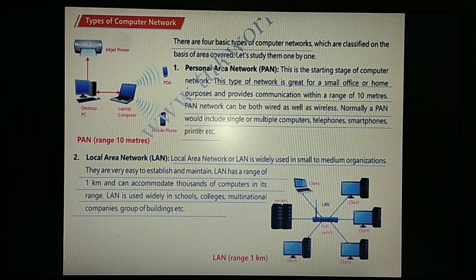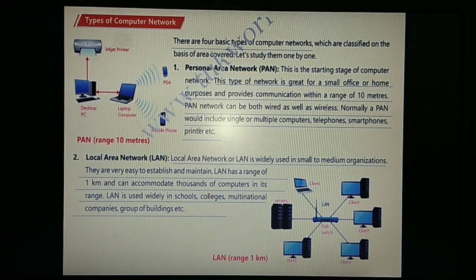Within colleges also, the same way. Within companies also, or a group of buildings. One building's computers can be connected to another building's computers with the help of LAN facilities.